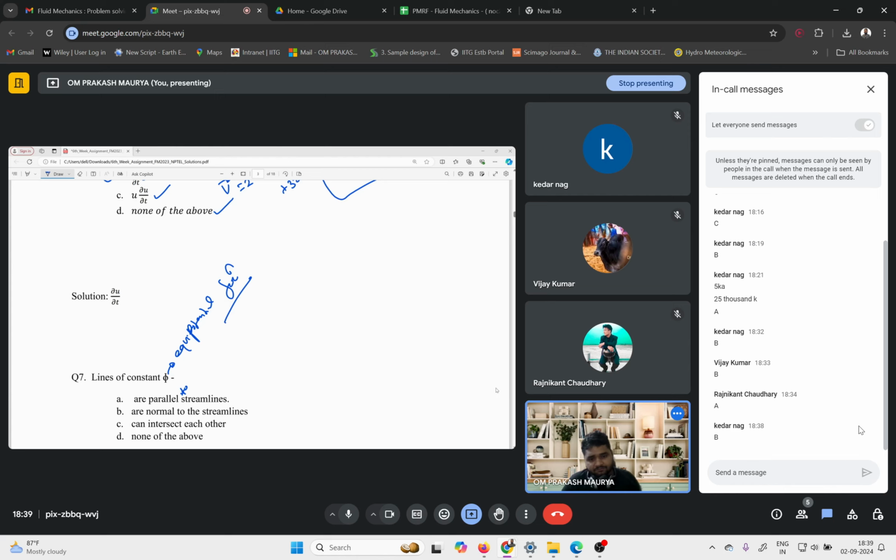Equipotential lines of constant equipotential function are parallel to streamline, or normal to streamline?